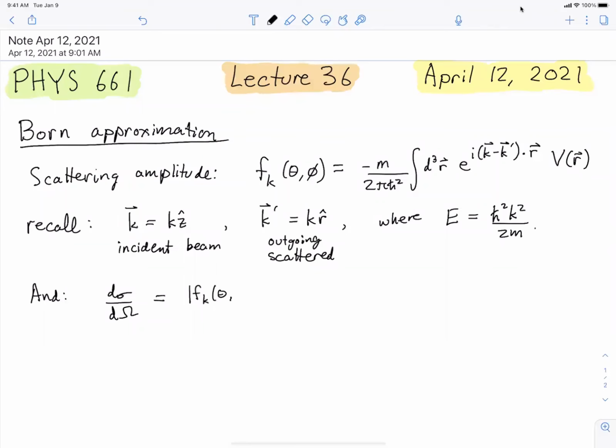And so when an experimentalist does a scattering experiment, a lot of times that's what they're going to report to you in one form or another: they're going to tell you what they got for the scattering amplitude. Okay, so we're going to do some examples of this, or at least a couple of examples.